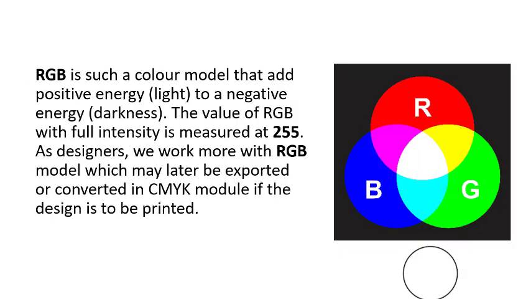RGB is such a color model that adds positive energy, that is light, to a negative energy. The value of RGB with full intensity is measured at 255. As designers, we work more with RGB model, which may later be exported or converted to CMYK model if the design is to be printed.